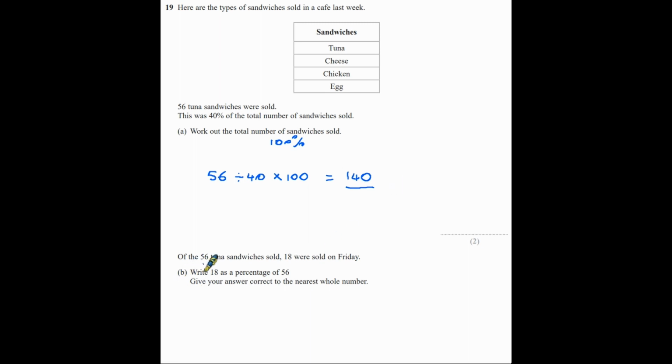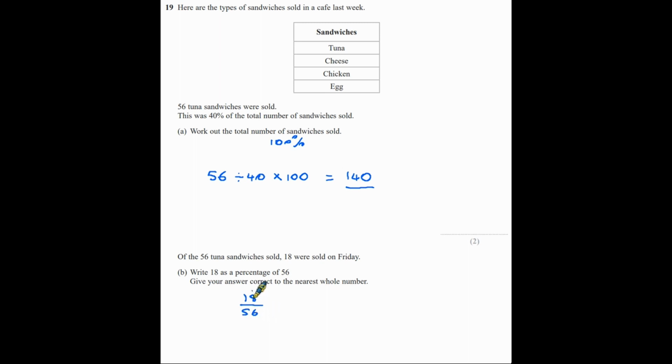Part B saying, out of the 56 sandwiches that were sold, 18 were sold on a Friday. So it wants to know what 18 is as a percentage of 56. Well, one thing we do know, we know what it is as a fraction. It's 18 out of 56.